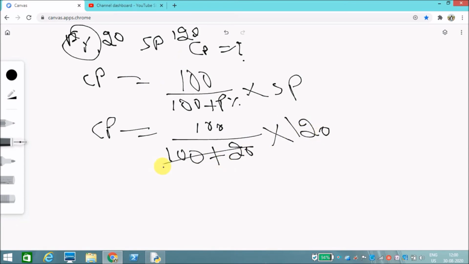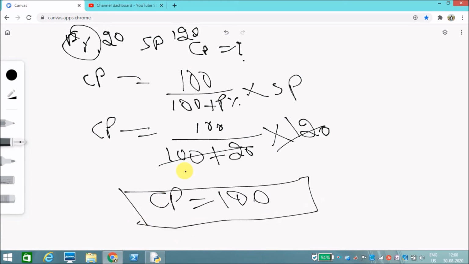So 120 cancel, so cost price is equal to 100. Like this we can find the cost price when they give profit percentage.